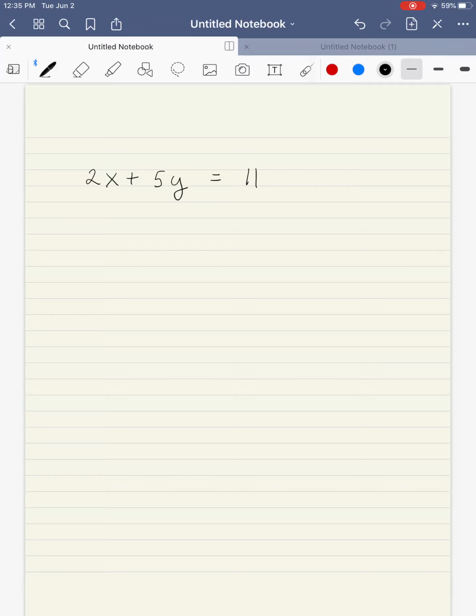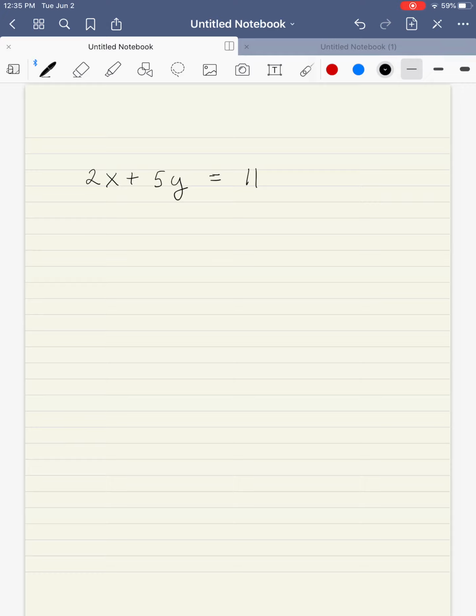So what I need to do here is try to find numbers, x and y, that if I plug them in for x and y, would give me nice integer answers. And this is going to require playing around a little bit.